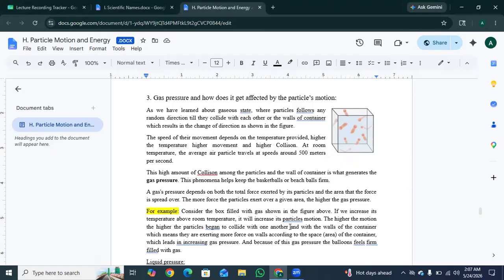The higher the motion, the more the particles collide with one another and with the walls of the container, which means they exert more force on the walls according to the space of the container, which leads to increasing gas pressure. And because of this gas pressure, the balloon feels filled with gas.